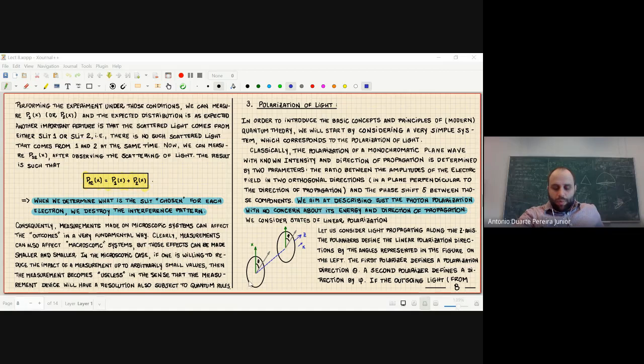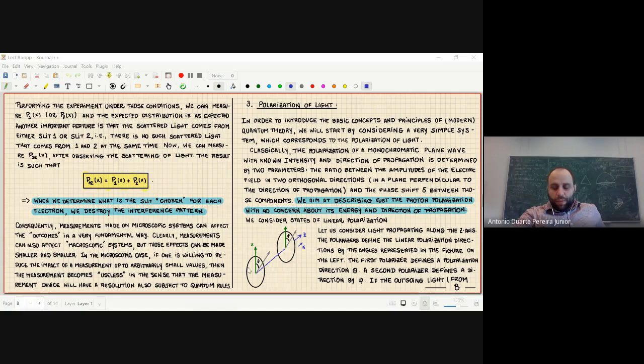So this is one polarizer, and it has a place that is open where I can make light pass through.